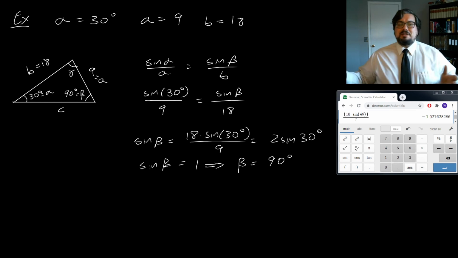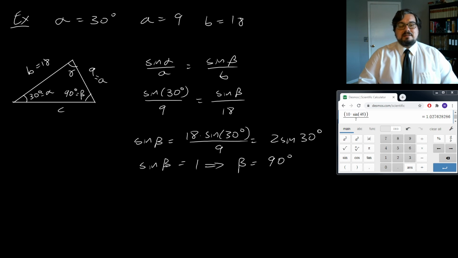So, in fact, we don't have to go through the rest of the process. We don't have to use the law of sines on this, because we know that this is a 30, 60, 90-degree triangle. But we'll go ahead and finish it off just for the sake of practice with the law of sines.